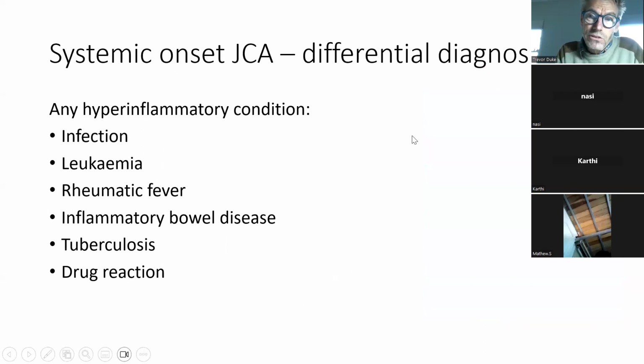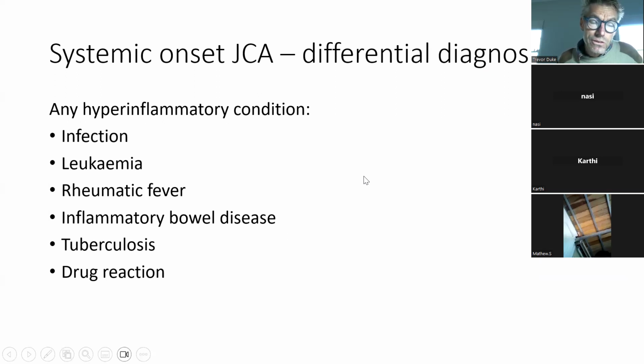As I said, you may have to make the distinction between systemic onset JCA and other forms of chronic inflammation, like infections, sepsis, chronic sepsis, or typhoid, rheumatic fever, even malaria, leukemia, inflammatory bowel disease, which can sometimes look a bit the same, have other features, but not the arthritis usually, and tuberculosis, the great mimicker, and drug reactions even, because many of these children, by the time you've seen them, have been put on lots of drugs, and sometimes that can cause some sort of eosinophilic arthritis or something like that, high fever.